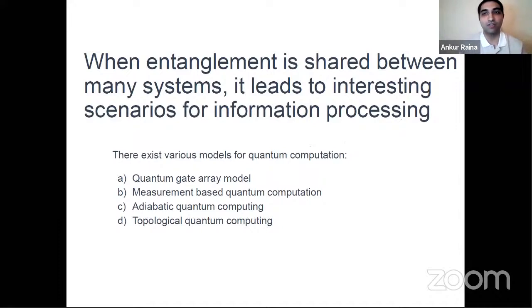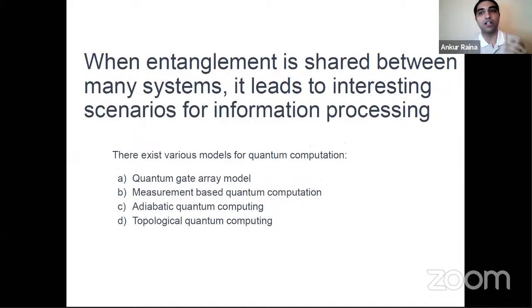And there is something called a graph state, and graph states, cluster states, and there are so many things that happen when the entanglement is shared between various systems. So some of the models that exist for quantum computation is this quantum gate error model. In the quantum world, you inevitably are going to do a unitary transformation.